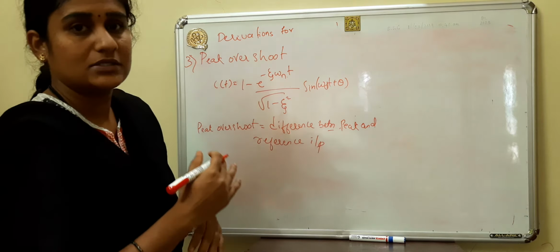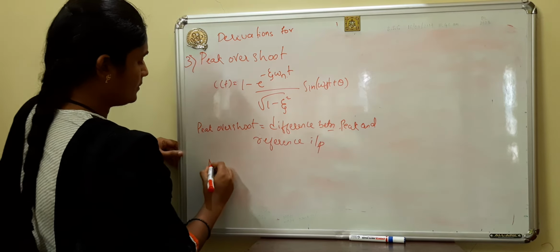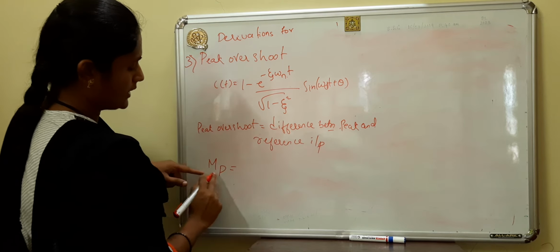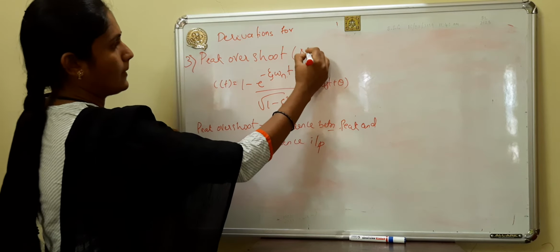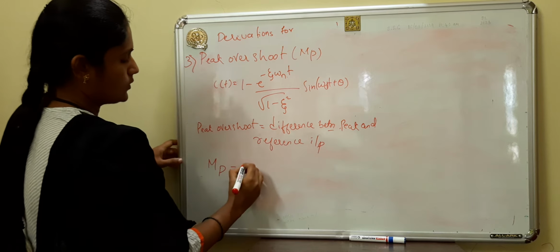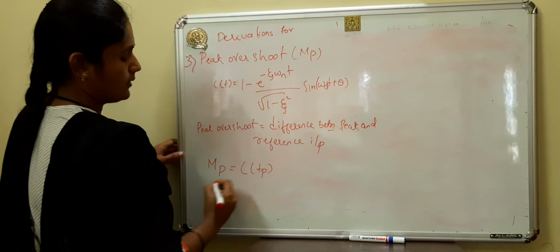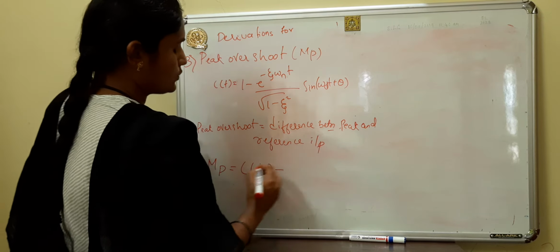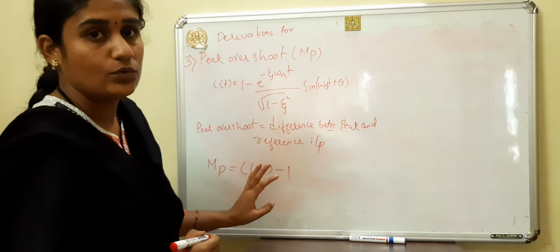Here we are using a unit step, so peak overshoot Mp is equal to c of tp, the peak, minus the reference point, which is 1 for a unit step.